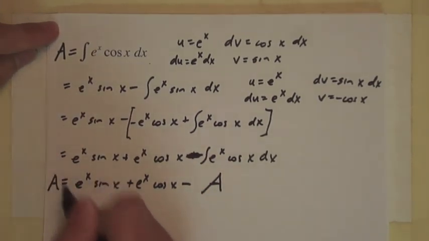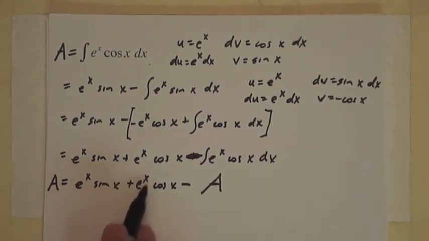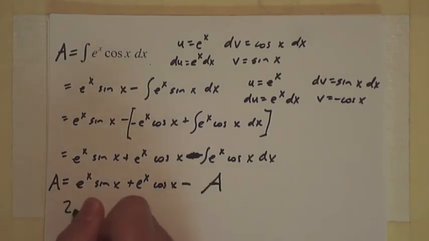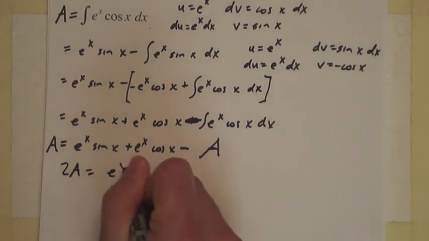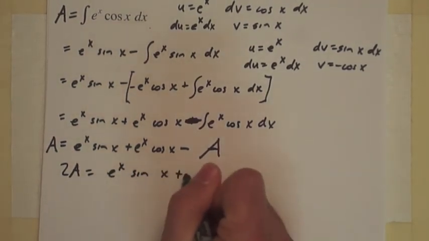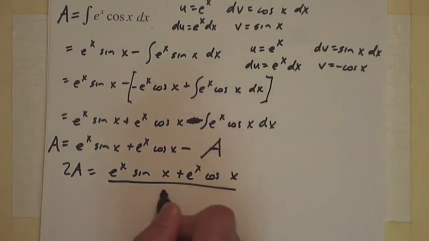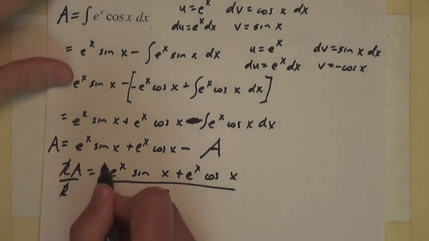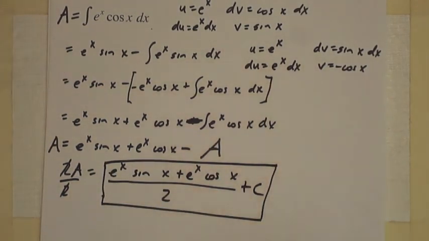So I'll move the A down here. A equals e to the x sine x plus e to the x cosine x minus A. If we add A to both sides, we get 2A equals e to the x sine x plus e to the x cosine x. Divide both sides by 2. We have our answer. We are done, except for a plus c.